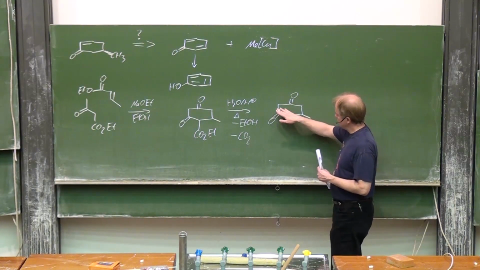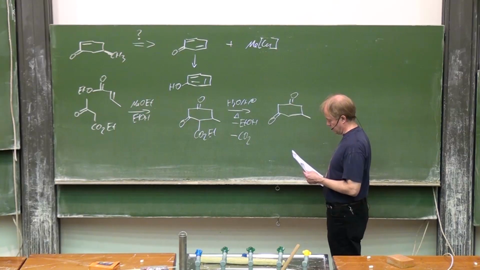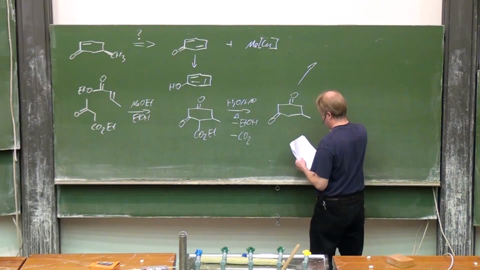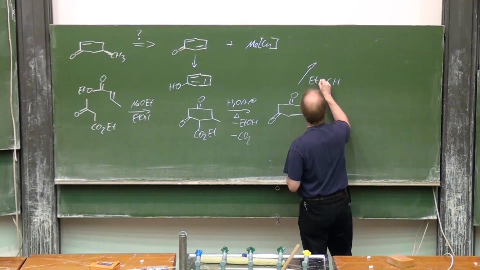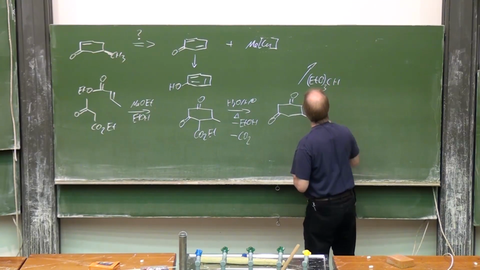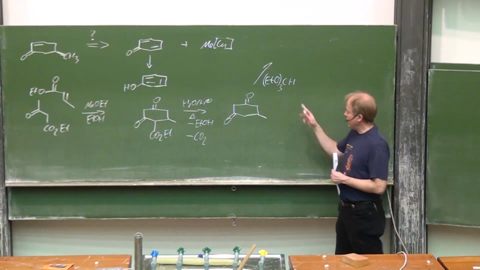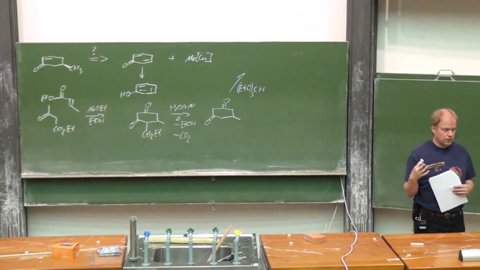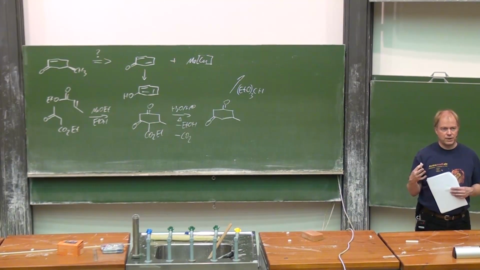So we need now some kind of reduction. We need a double bond there and get rid of one of the carbonyl groups. Well, with an ortho ester like that, this is an ortho ester, an acetal of formic acid ester.